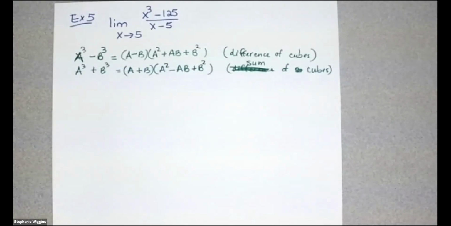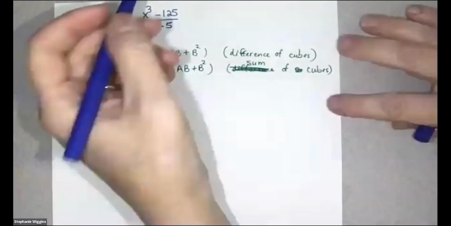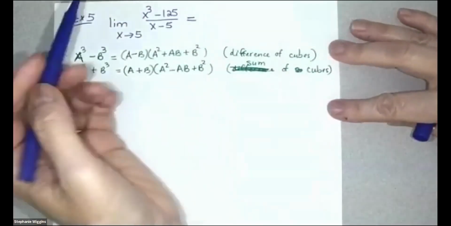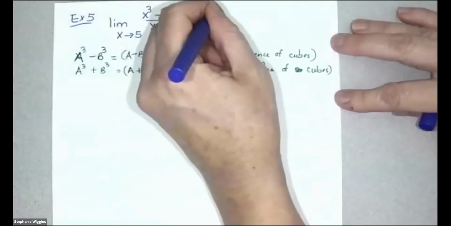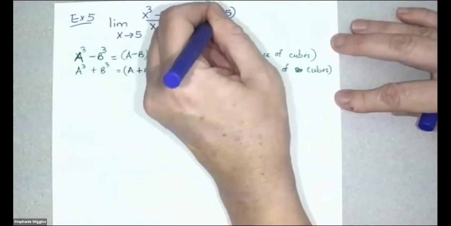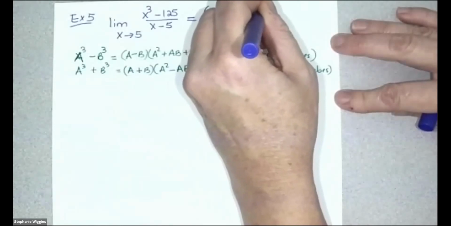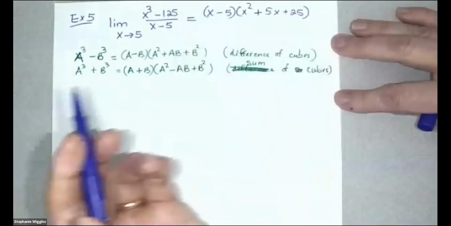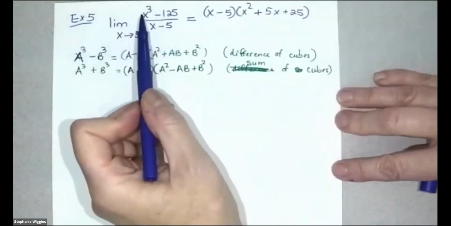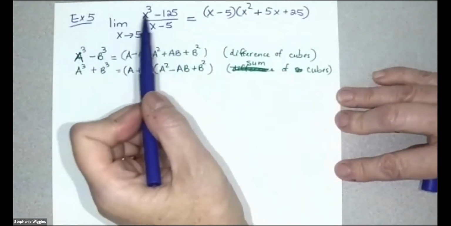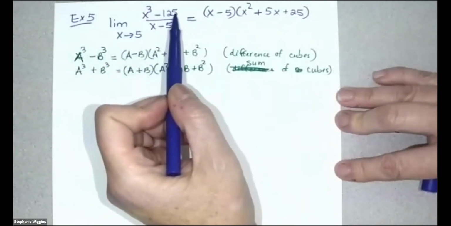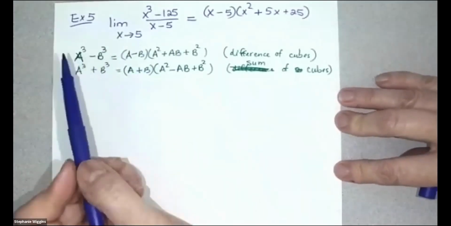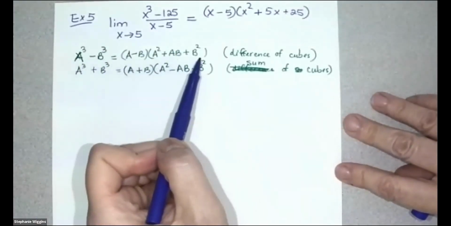All right, continuing with the problem, I'm going to factor this. I just took my x and my 5, so this is x cubed, this is 5 cubed. I took the x and the 5 for a and b and plugged them into this formula.